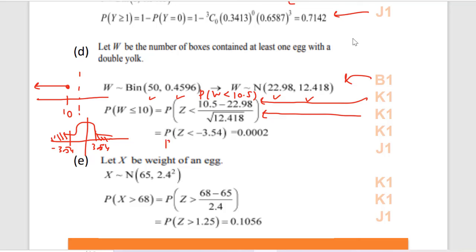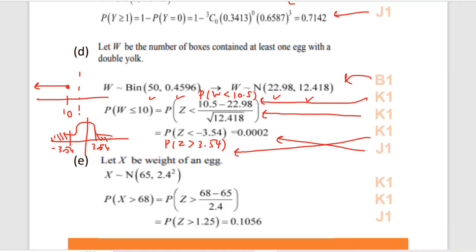So, kita boleh buat probability Z greater than 3.54. Okay, so dekat sini ni awak akan dapat K1. Okay, ini boleh dapat K1. Okay, then cari daripada table probability Z greater than 3.54 dapat 0.0002. Ini dapat J1. Okay, alright, so 5 markah dekat part D.